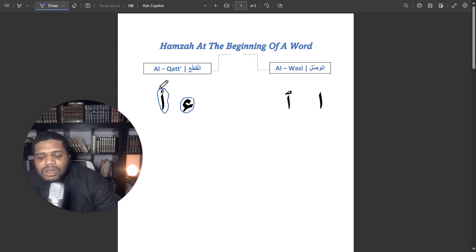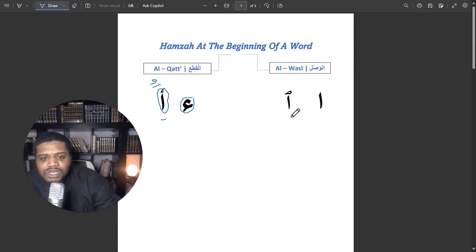And you will see either fatha, a kasra under it, or dhamma, so you know how to pronounce it as well. So once it has a fatha in it, you would say a. If it has a kasra under it, you would say e. If it has a dhamma on top of it, you would say u. So this is quite easy to identify and to pronounce.